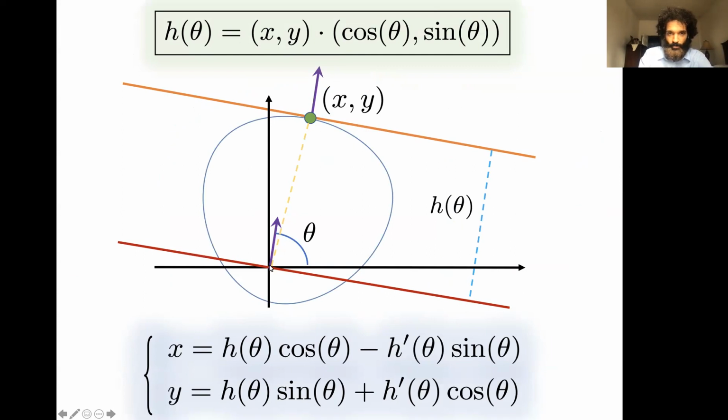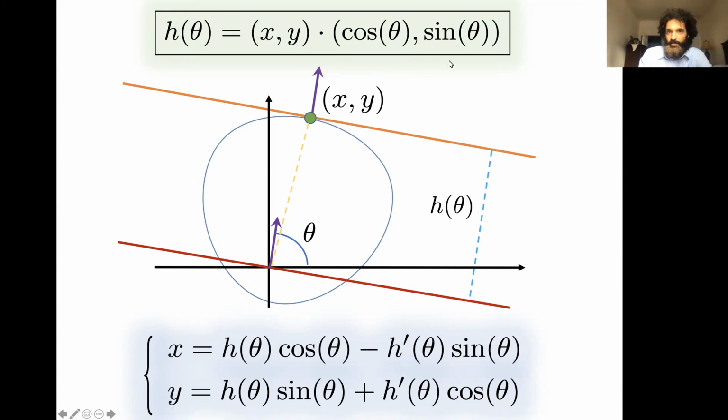I probably could have drawn these a little bit wider, but if I think of this being the vector and then its projection onto this direction normal to the supporting line, then that's just h of theta.